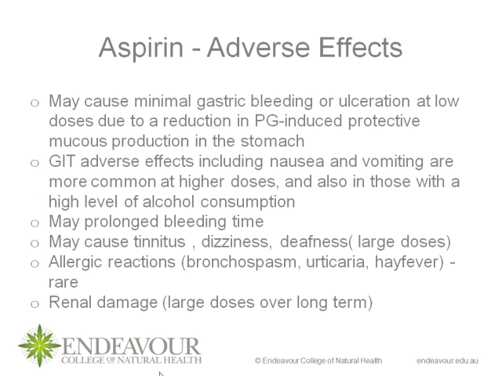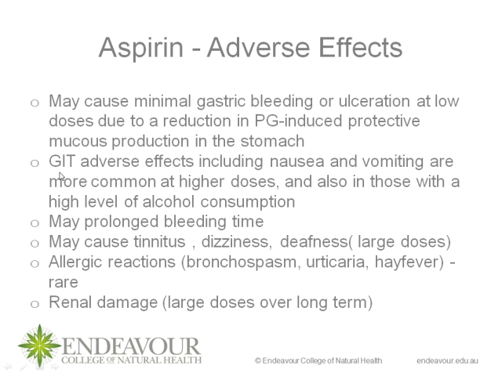So to go through those adverse effects specific to aspirin: the gastrointestinal bleeding and ulceration. There is a prostaglandin-induced protective mucus in the stomach, and because you're blocking prostaglandin production with the aspirin, this can then reduce that protective mucus, leading to the gastric bleeding, and over long-term chronic use leading to ulceration.